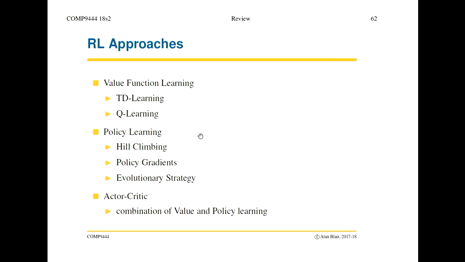So we looked at policy gradients, hill climbing and evolutionary strategies. Hill climbing is a kind of special case of evolutionary strategies. Those two things are closely related, but these also fall into policy learning because they don't make explicit use of a value function except to choose the actions. And then we looked at combinations of the two. Actor-critic methods are where you have a value and a policy and you learn both of them simultaneously.